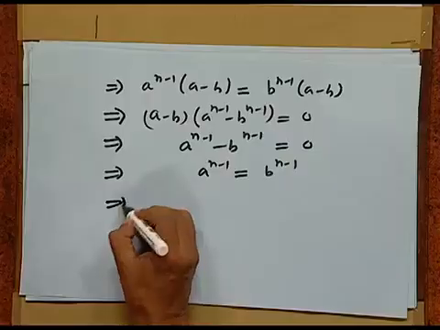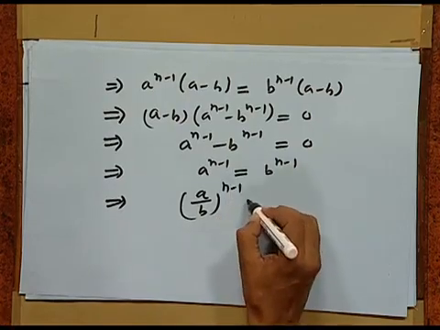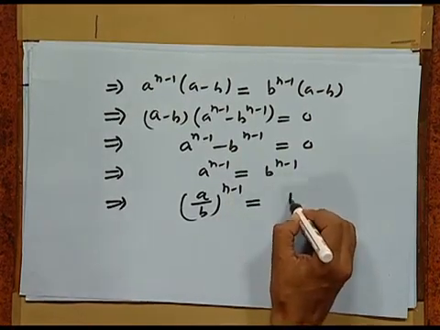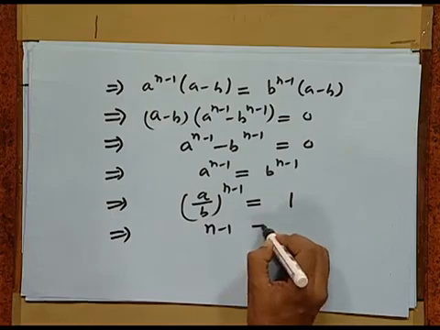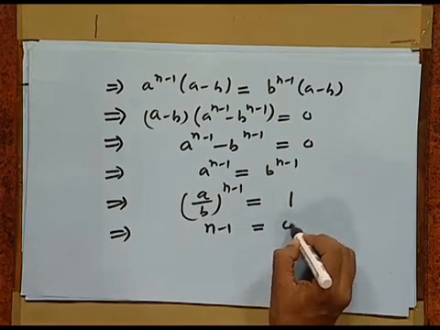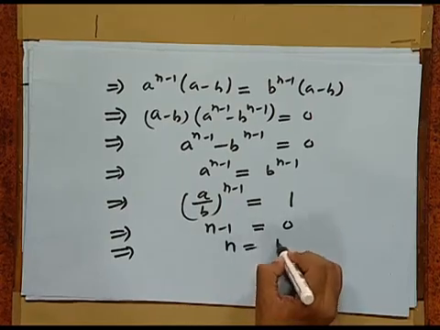So, we can write this as (A upon B) raised to power n minus 1 is equal to 1. Now, you know, any number raised to power 0 is 1 and no other index has this property. So, this implies n minus 1 is equal to 0, and this means n equal to 1.